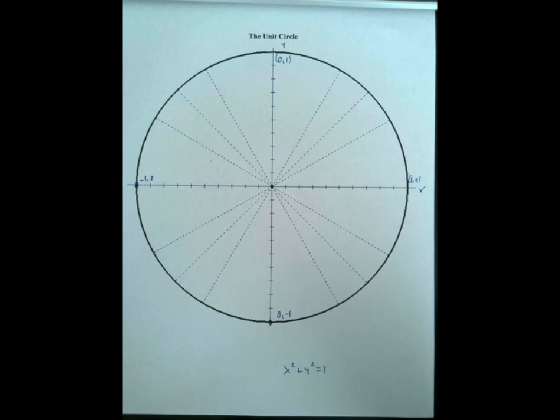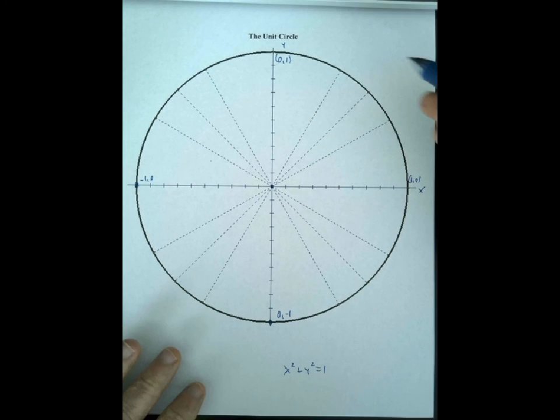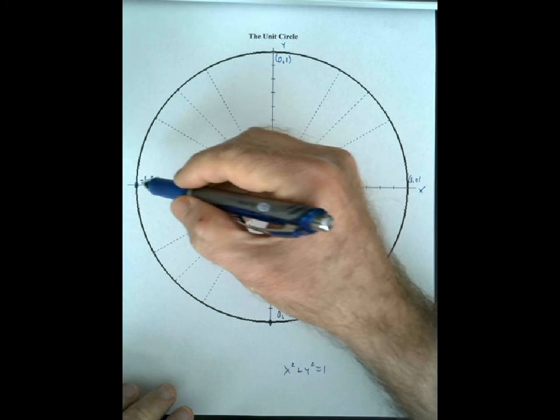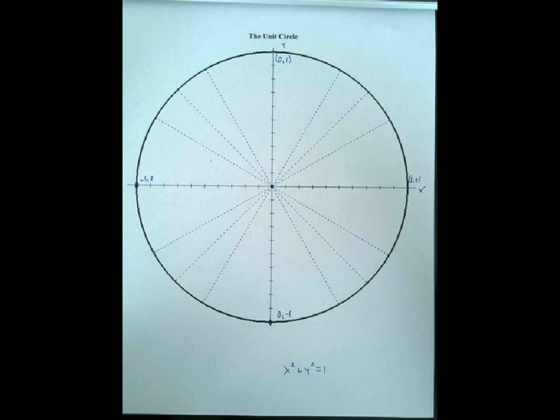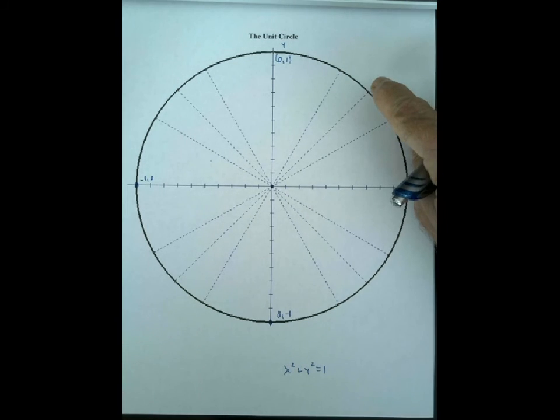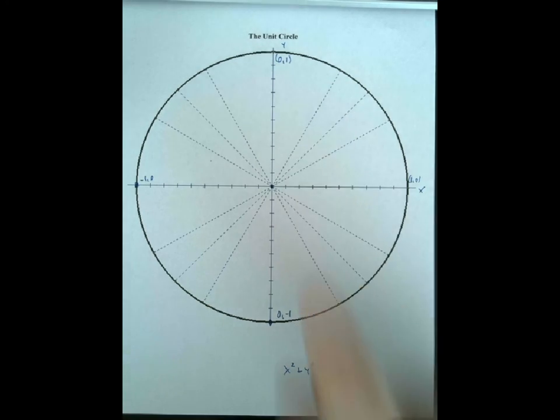Then once we've worked out those xy coordinate points, besides the negative 1, 0 and the 0, negative 1, in the next video, part 3, we're going to work out what the corresponding angles are, both in degrees and in radians. And then we'll see what the points on the circle and the angles have to do with each other.